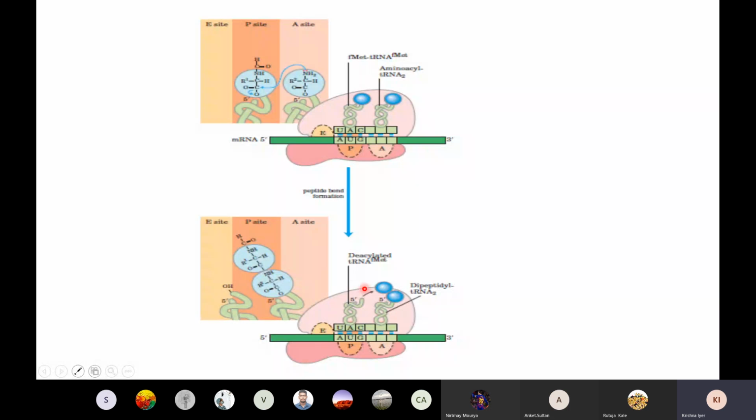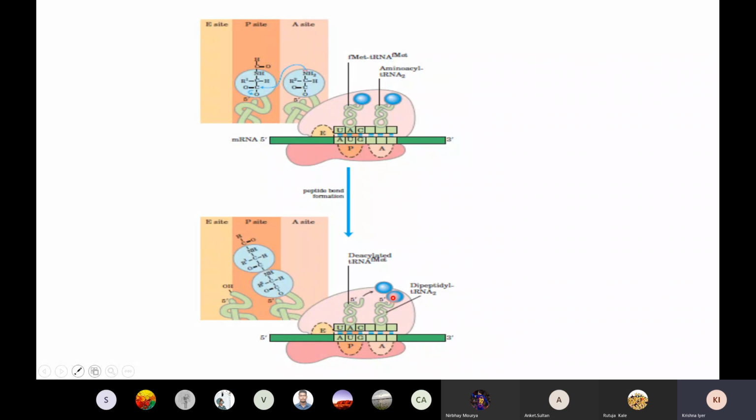The formyl methionine, which was sitting on the tRNA on the P site, has been transferred to the tRNA which carried the second amino acid and which is sitting on the A site. In essence, this initiating tRNA has given methionine to the second tRNA, attached via a peptide bond. So now this is carrying a dipeptide.